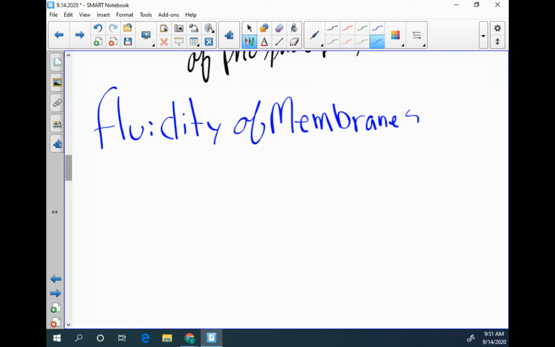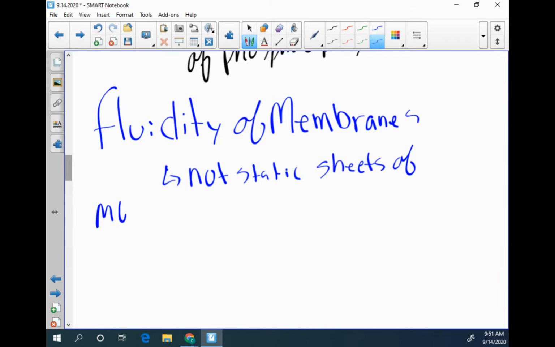So, membranes, unlike the two-dimensional pictures that we often see, are not static sheets of molecules locked in place. Stuff's always moving, always on the go, floating around, bobbing around.